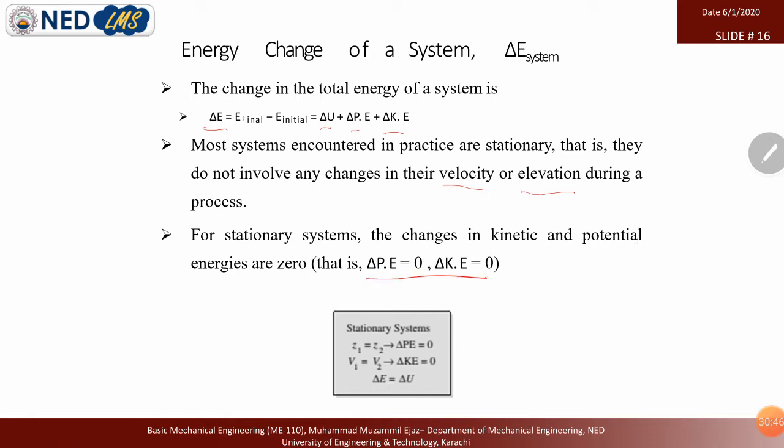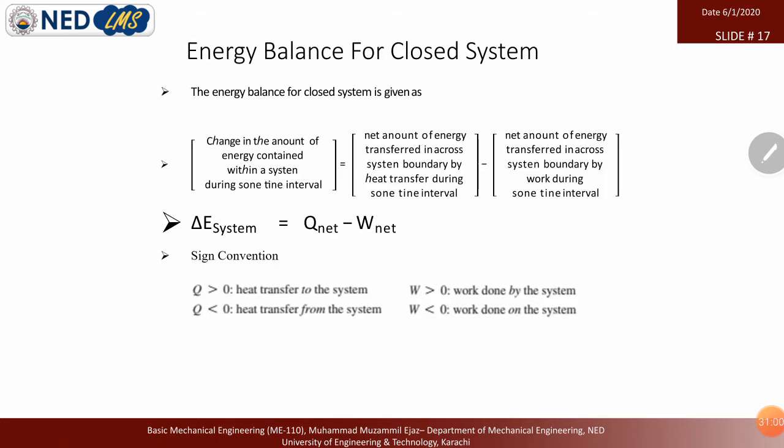So the net change of the total energy is equal to the net change in the internal energy. For that system, we have developed an equation in thermodynamics. We are not doing its derivation, we directly use this equation. Delta E of the system is equal to Q net, the net heat transfer, and the net work done in the system.